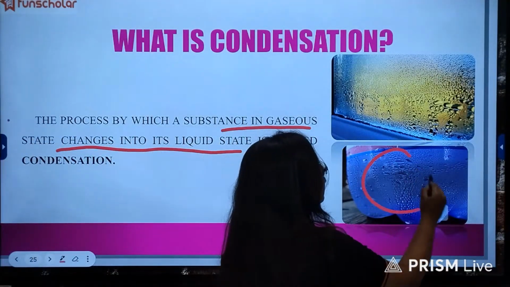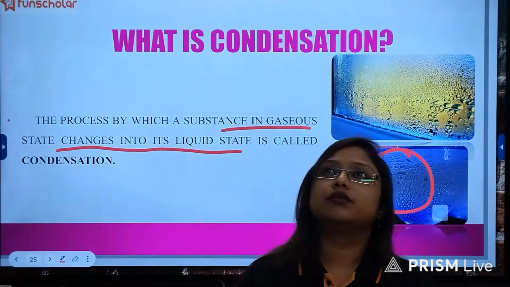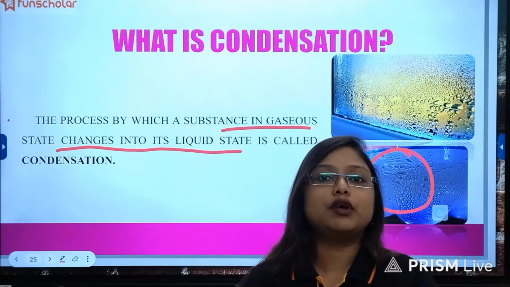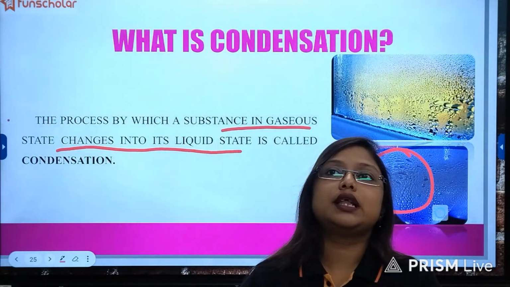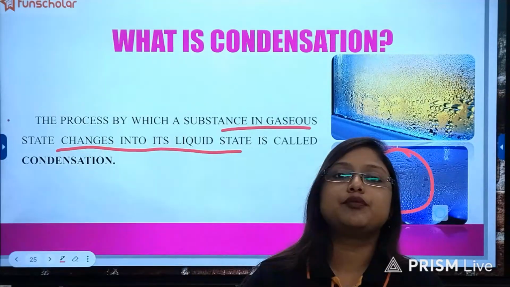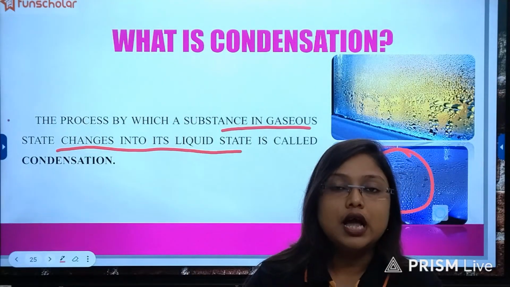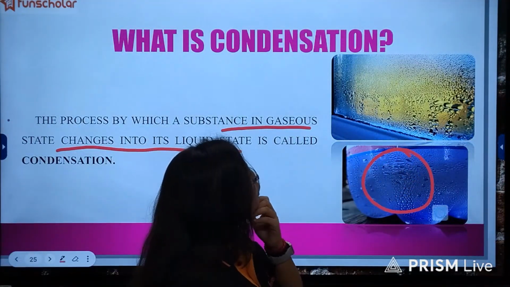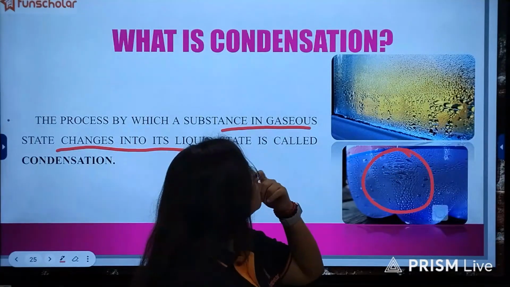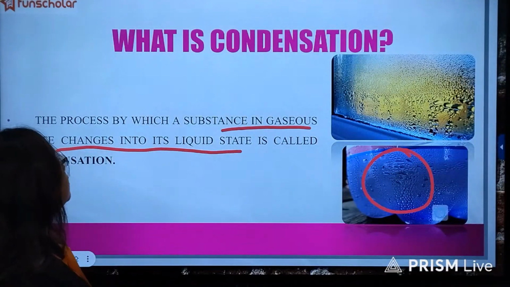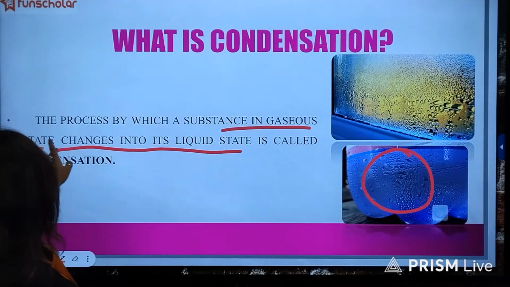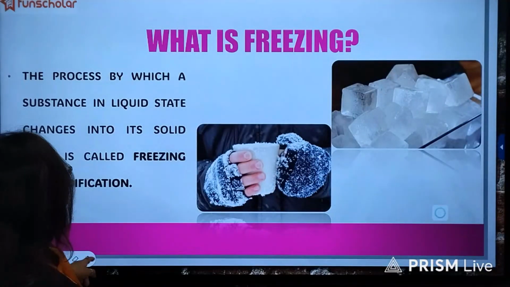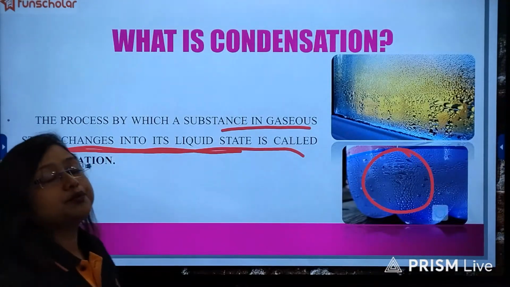If we take any cold drink bottle out of the freezer and put it on the table, after some time, because of the outside temperature, we can see some watery substance on the outside of the bottle. This is what we call condensation, and it happens because the gaseous state is changing into liquid state.